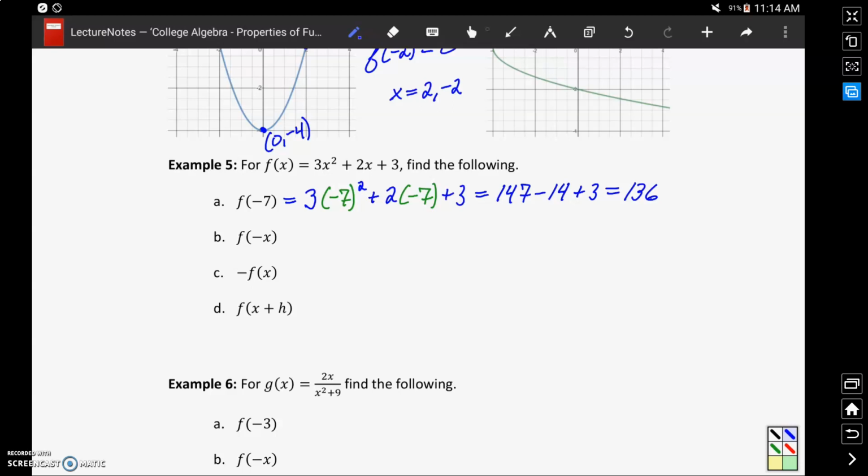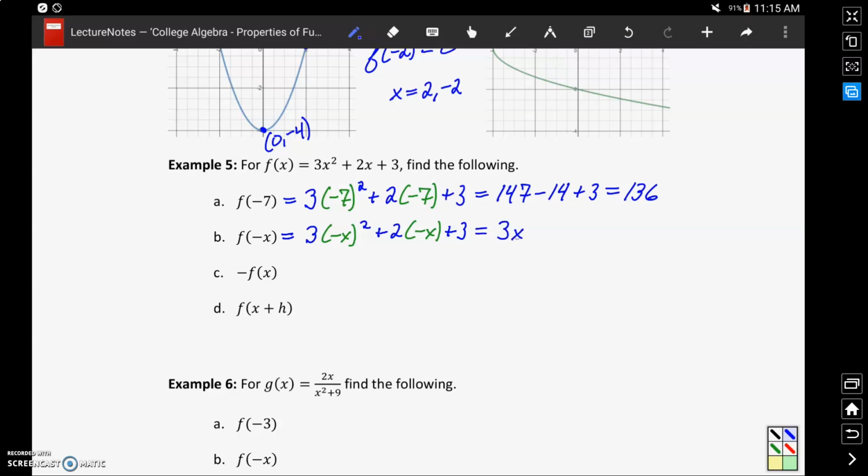All we've done is essentially evaluate this equation for x equals negative 7, but now applying this approach of using function notation. We can also evaluate functions for a given expression. In this case, rather than plugging in a number for x, we're going to plug in negative x, which will give us 3 times negative x, that quantity squared, plus 2 times negative x, plus 3.